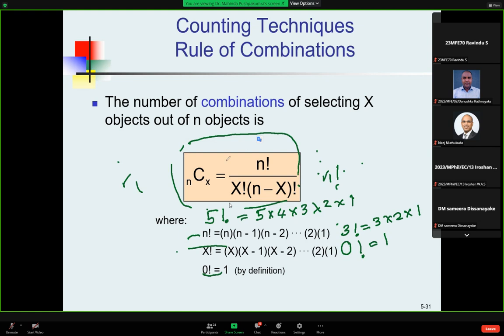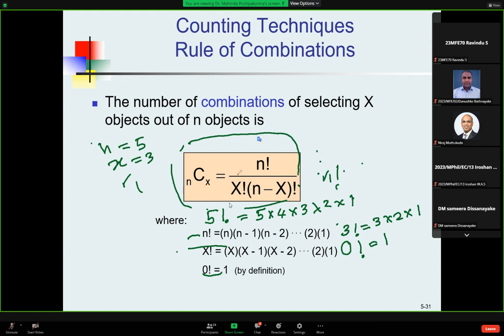Then in our example, we toss a coin 5 times, so n is equal to 5. Then x is equal to 3, that means 3 heads. We want to get 3 heads.